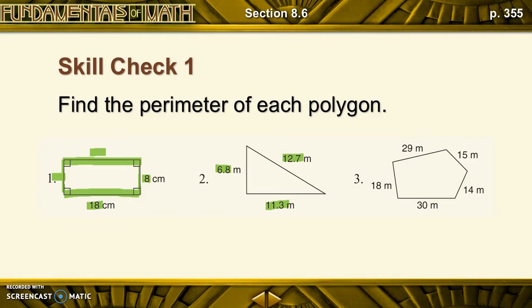We have 18 meters plus 29 meters plus 15 meters plus 14 meters and plus 13 meters. I would highlight each one as you go. So we have 18, 29, 15, 14, and 30. When you add those all up, you get 106 meters.